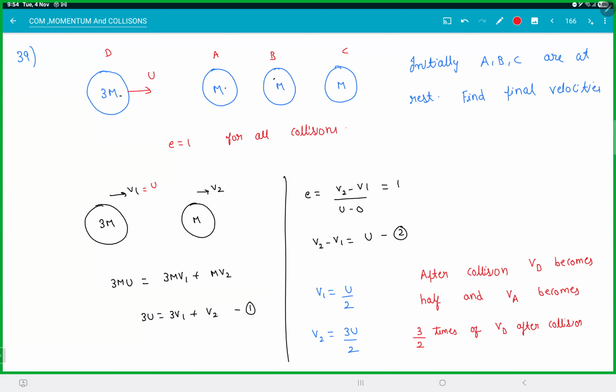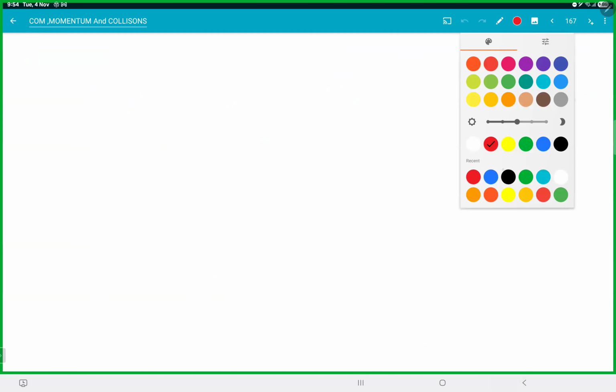Meaning, if this is u by 2, this is 3u by 2. This will help you. So after every collision, D's speed becomes half, and every time A's speed will be 3 by 2 times whatever D's speed is. Now see.